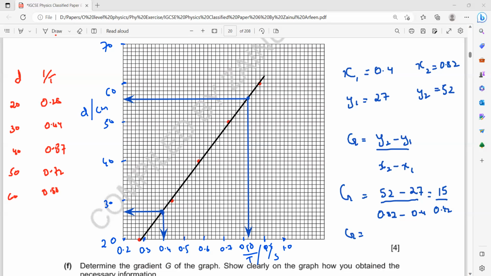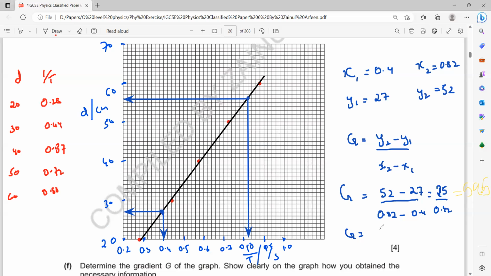What's the answer for gradient? 15 divided by 0.42. Oh, sorry. Yeah, that's right. 25. By mistake, I calculated 25, but I wrote 15 there. 52 minus 27 is 25. That's right. So 25 divided by 0.42 is 59.5.